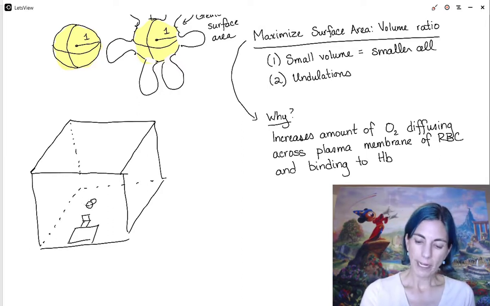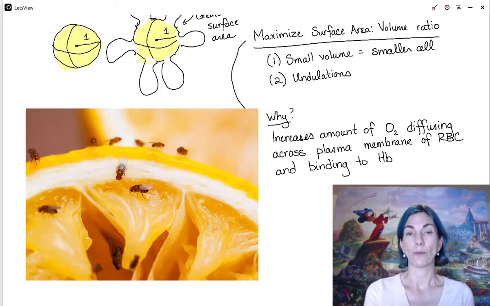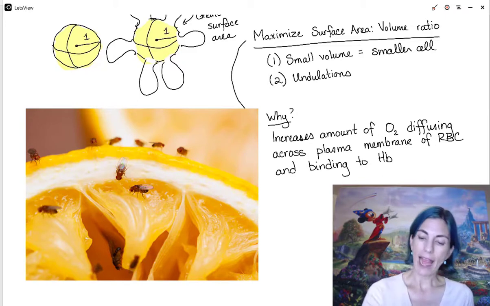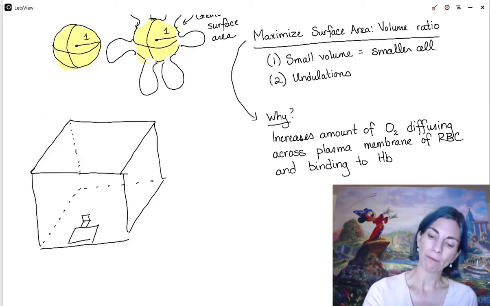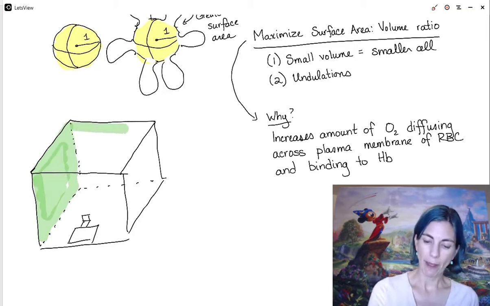Now I am going to release 1,000 fruit flies into this room. But I have special wallpaper. I have wallpaper that doubles as fly paper. And so what I'm going to do is line all of these walls with this special fly paper.